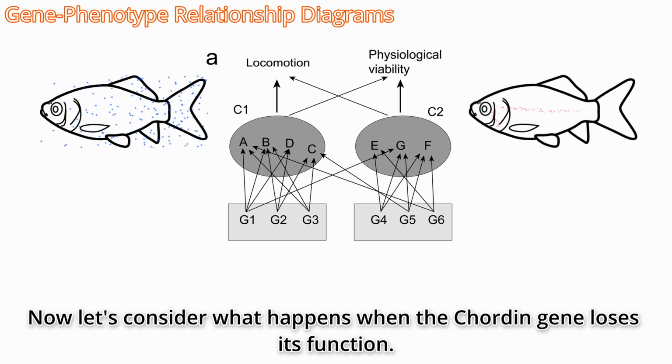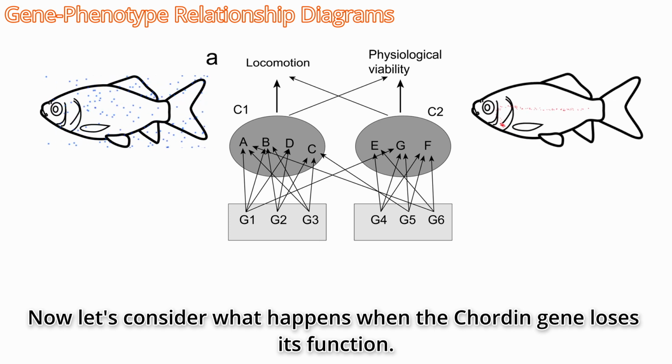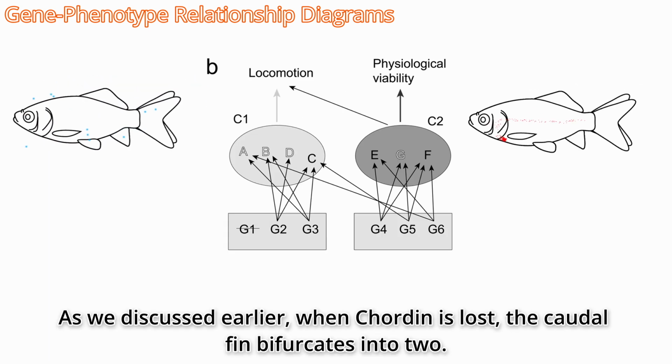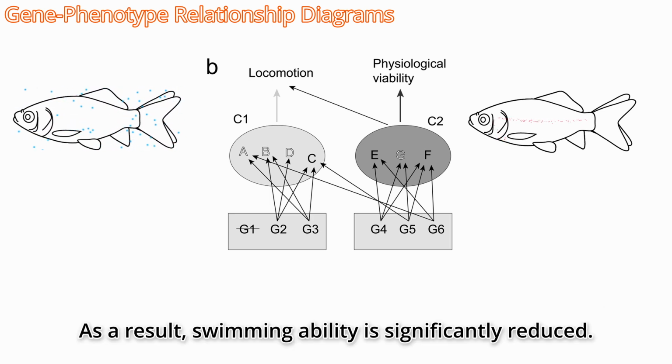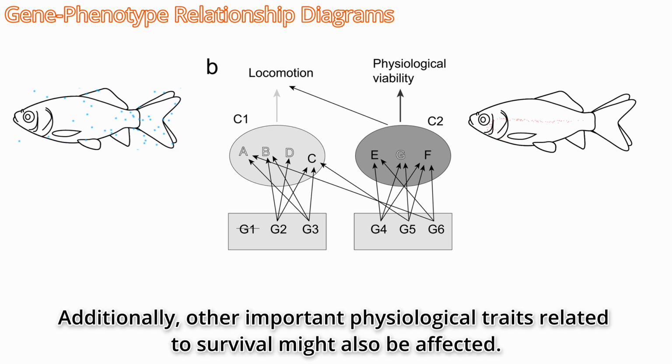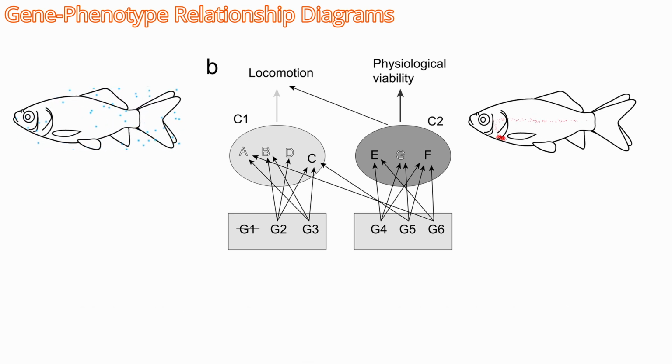Now let's consider what happened when the coding gene loses its function. As we discussed earlier, when coding is lost, the caudal fin bifurcates into two. As a result, swimming ability is significantly reduced. Additionally, an important physiological trait related to survival might also be affected.